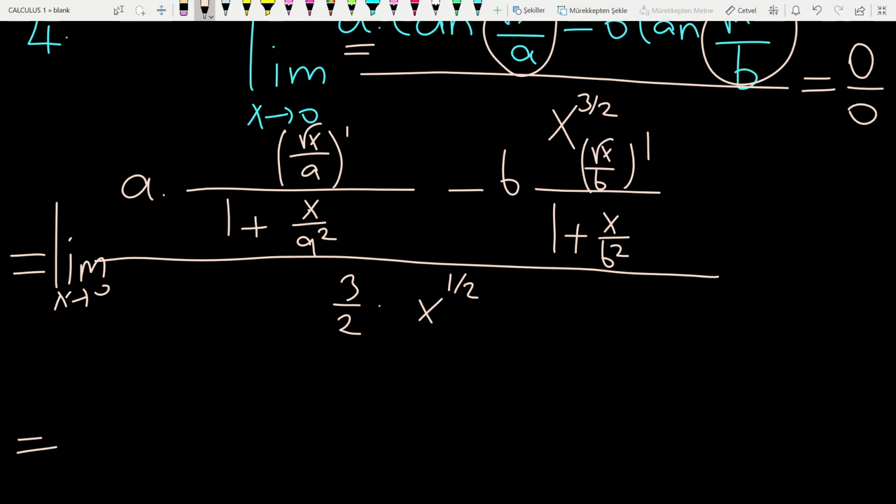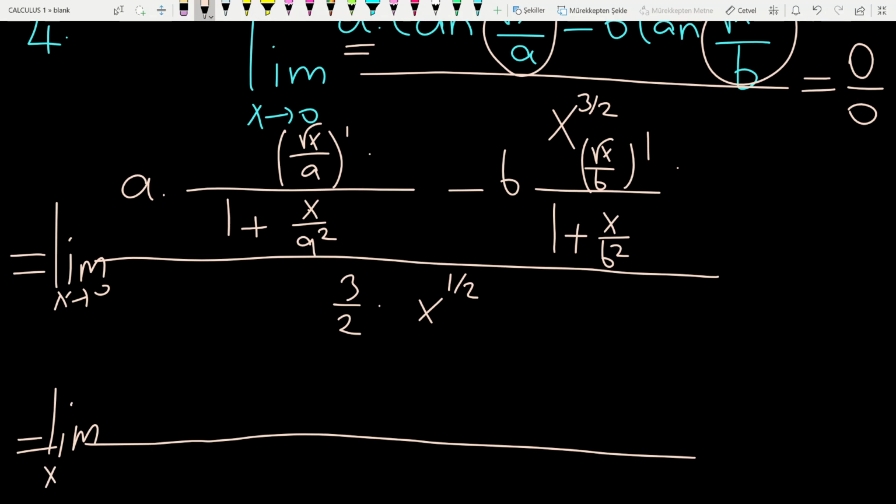When x tends to 0, let me first arrange the numerator. It's a very complicated expression, I know, and the question is not so easy. No problem.